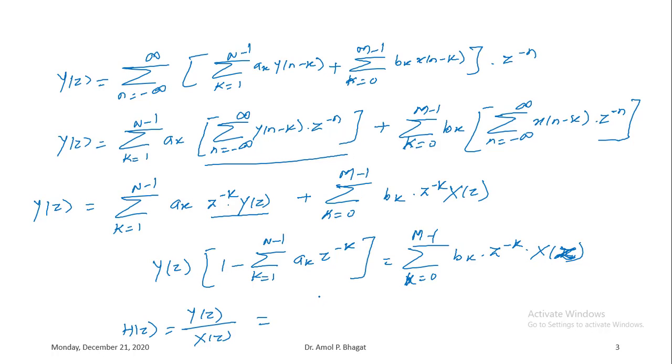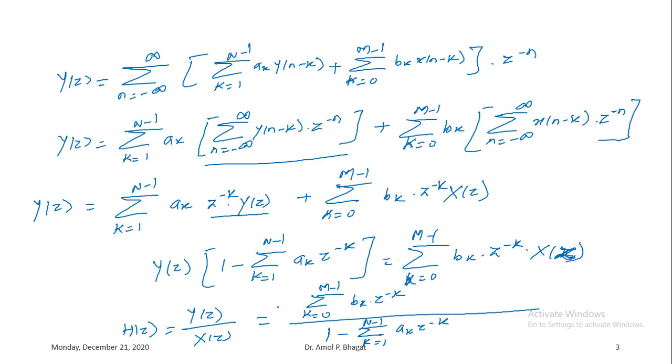So I will have summation k equals 0 to M minus 1 bk into z to the power minus k whole upon 1 minus summation k equals 1 to N minus 1 ak z to the power minus k, right?